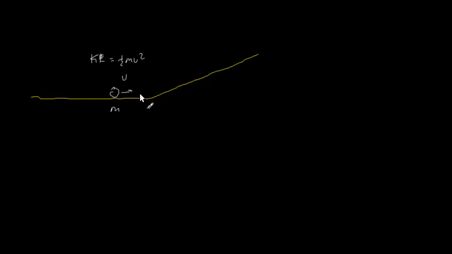So as the ball reaches the slope, it starts to go up, and as it goes up, it has to do work against gravity, so it gains potential energy mgh. This work comes from the kinetic energy, so the kinetic energy decreases.